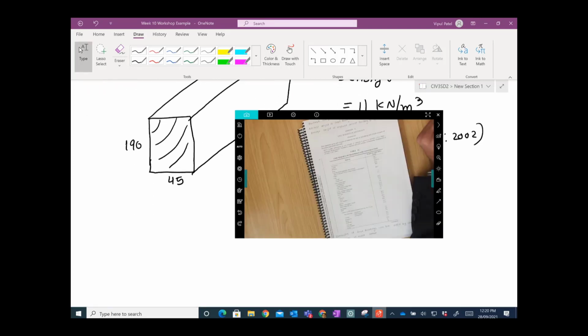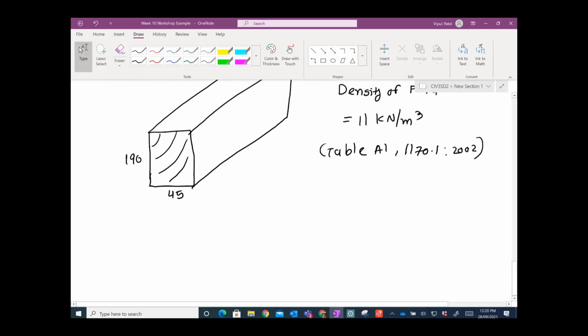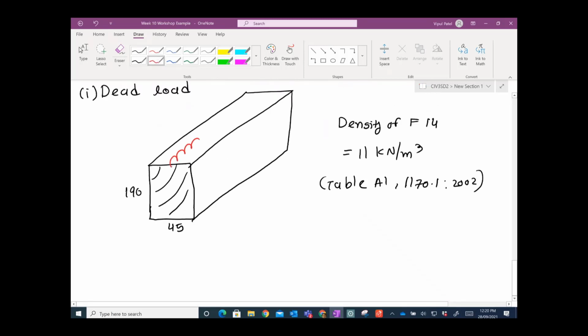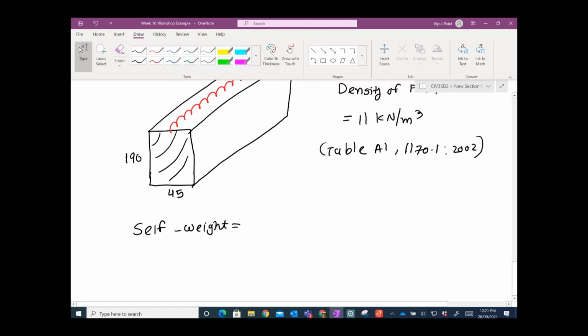Now let's continue with the dead load. If you want to calculate the dead load, it will be the self weight of the stringer. The self weight of the stringer would be the density, 11 kilonewton per meter cubed, times the perpendicular area to get the UDL, 0.045 meters by 0.19.